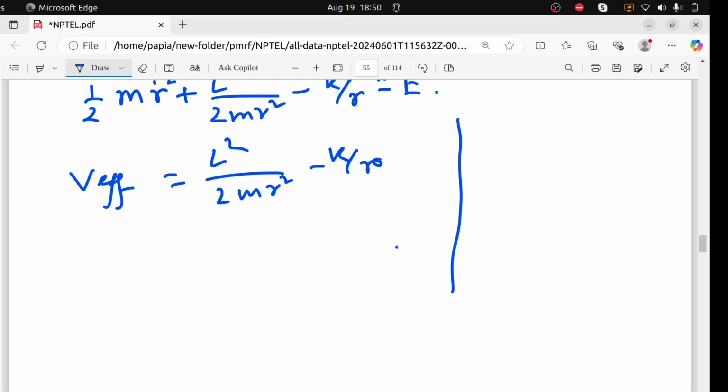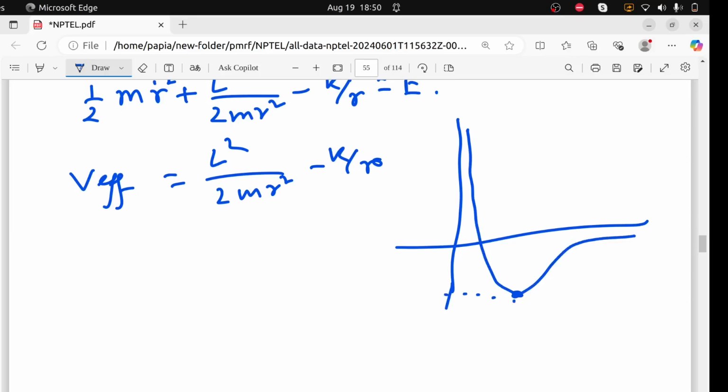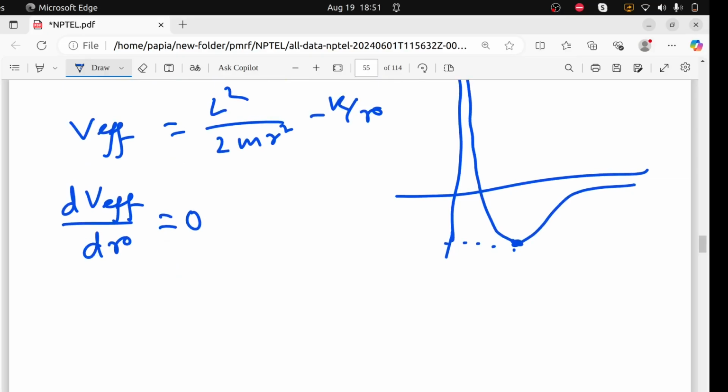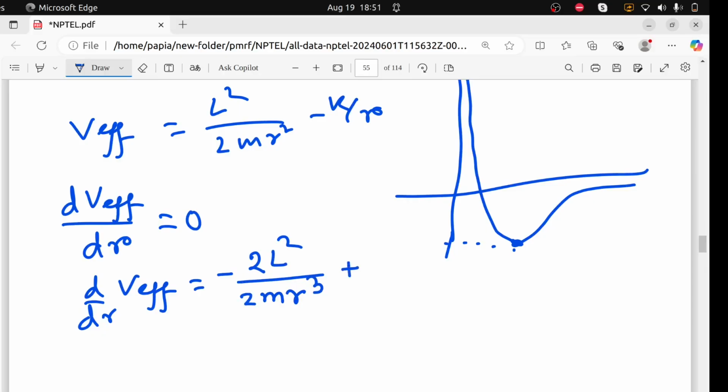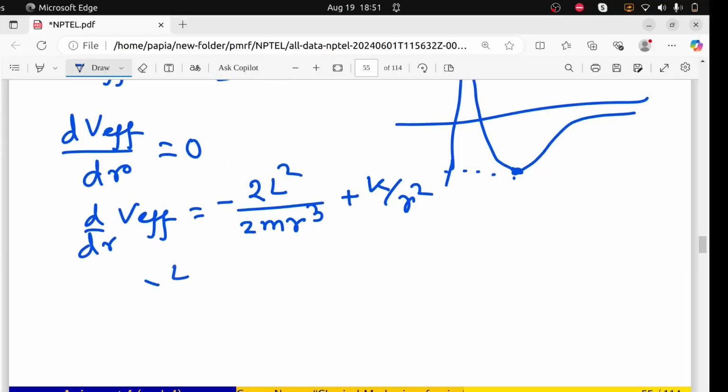Now, this is representing the circular motion. So what does this mean? This means that the derivative of V effective with respect to r is 0, because this is the minimum point of this curve. So dV effective by dr is minus 2L square by 2m r cube plus k by r square, so minus L square by m r cube plus k by r square equals 0.